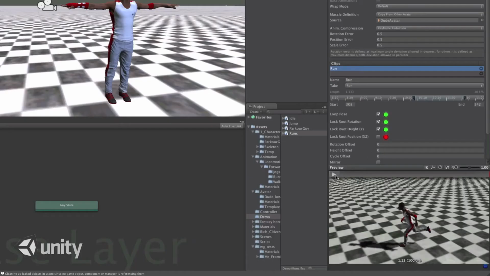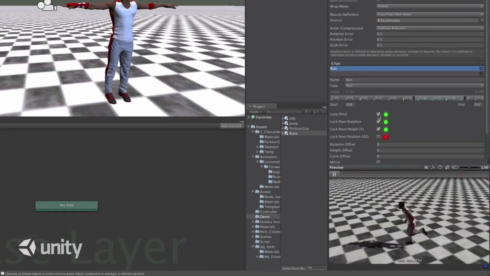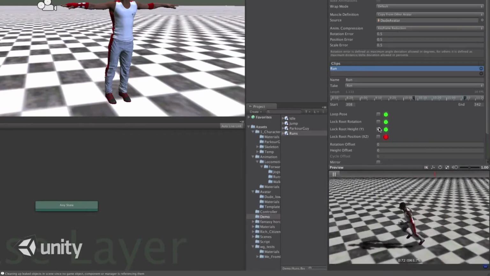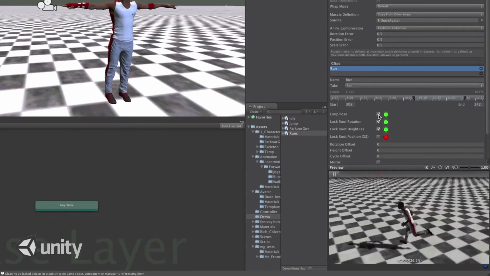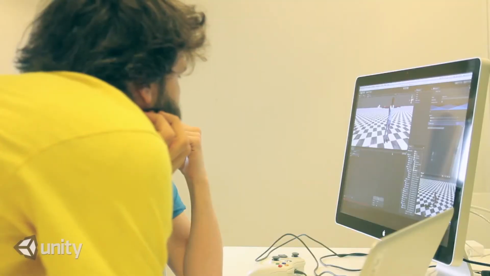So the second thing we try to solve with Mechanim is to really build a super powerful character animation system that you can really do AAA animations with, but at the same time it is so simple that even people who don't know much about character animation can do it.